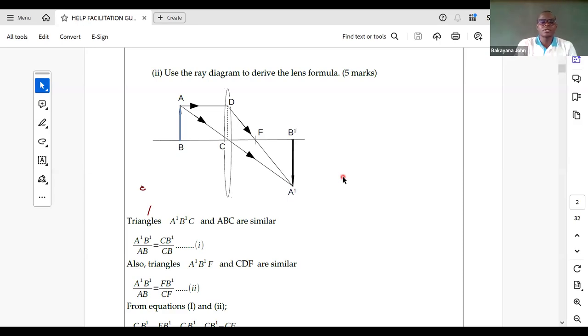The ratios are supposed to be the same. So the length A'B' out of length AB should be the same as length CB', which is the image distance, out of length CB. Is that okay?